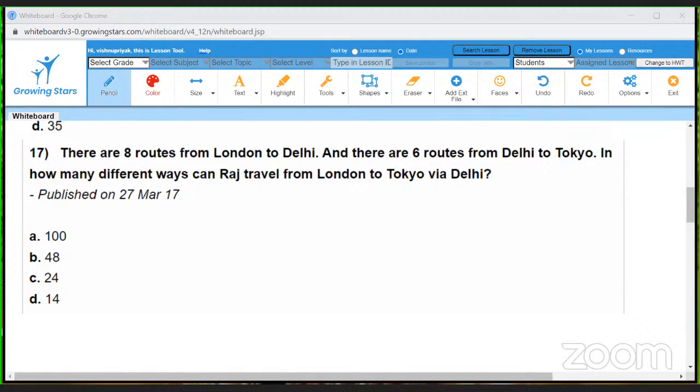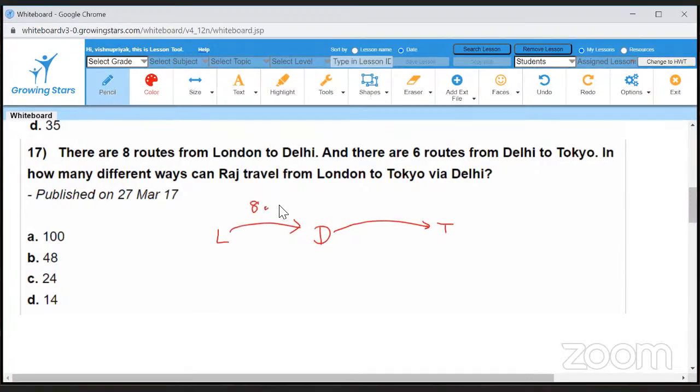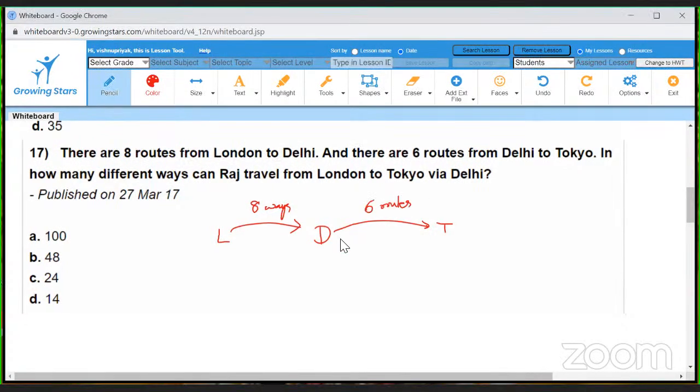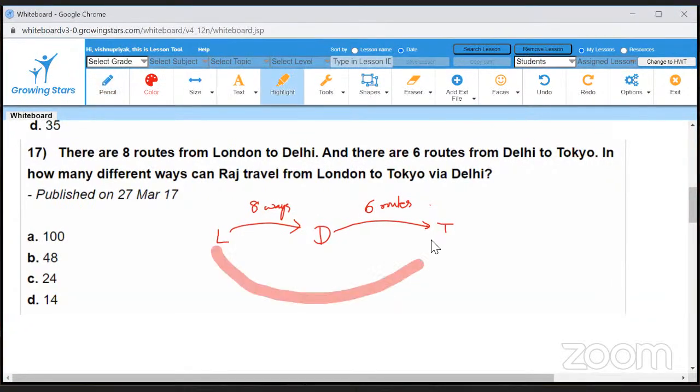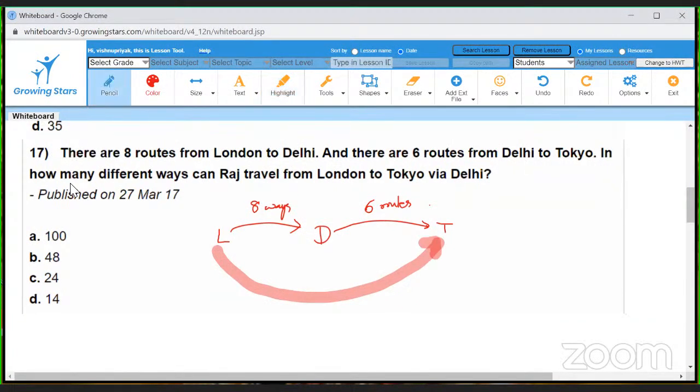So actually, London to Delhi and from Delhi to Tokyo. Here there are 8 routes, and here there are 6 routes. Now Raj wants to travel from London to Tokyo via Delhi. In how many ways can he do that? So this is the first work and second work.